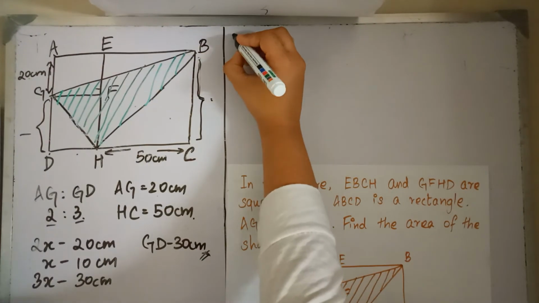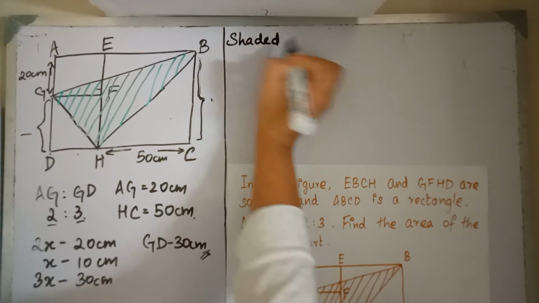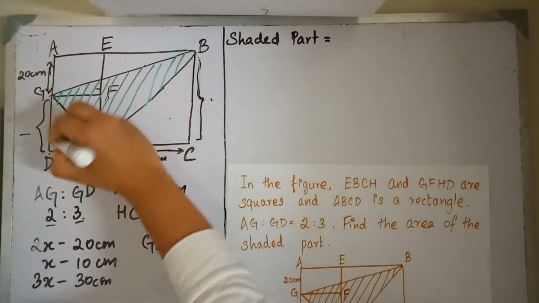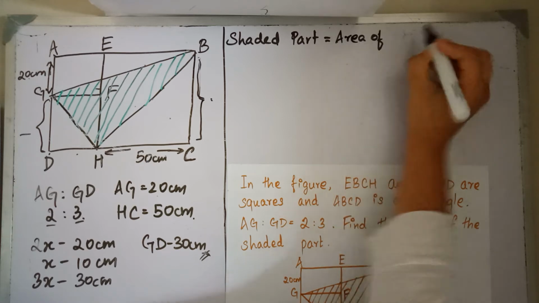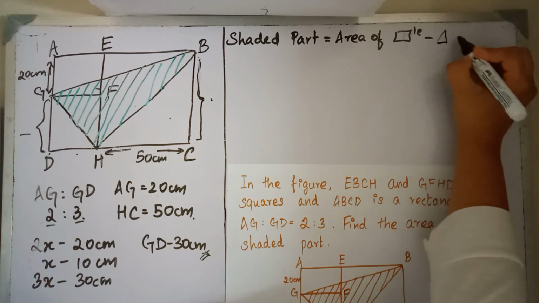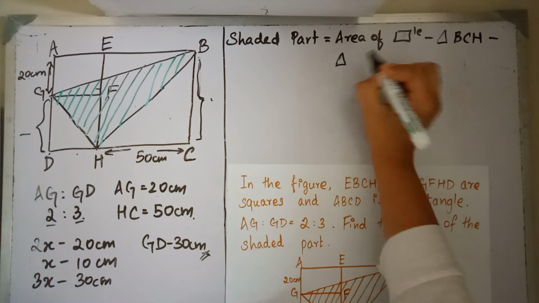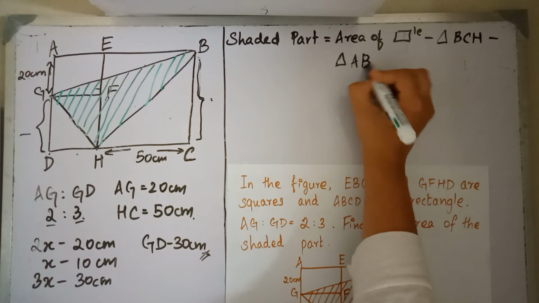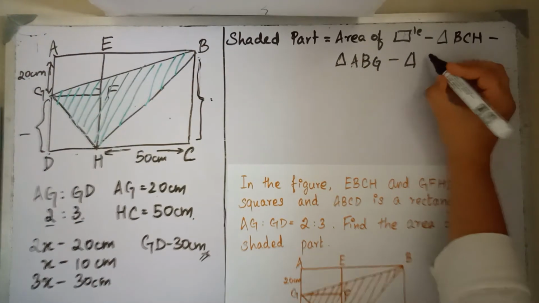Okay, so the key to finding out the shaded part will be the area of the whole rectangle minus these three triangles. Minus triangle BCH, minus triangle ABG, and minus triangle GDH.